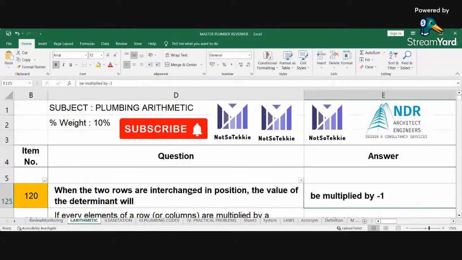121. Bakit ito layo na? Ito na yan. 121 tayo.